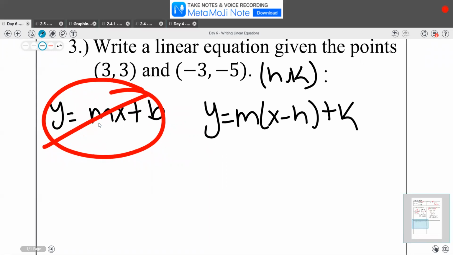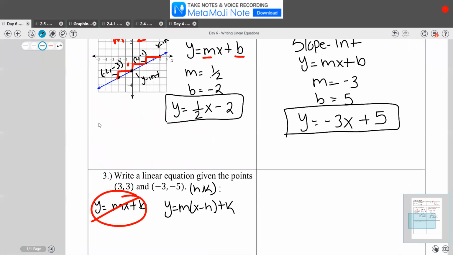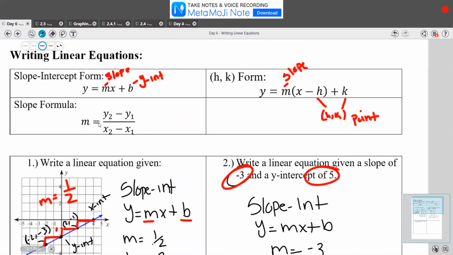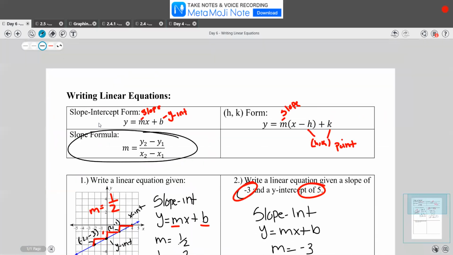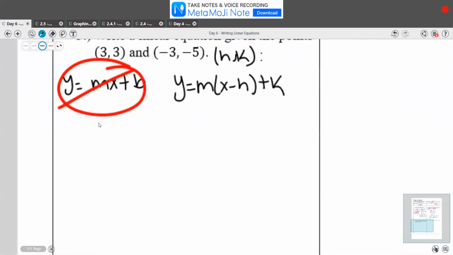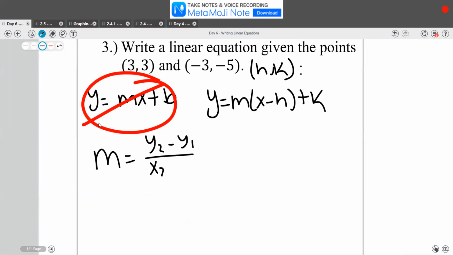All right, well, the first thing that I gotta find is my slope. Well, remember, going back to our notes, that we can find the slope by using the slope formula. So that's gonna be m equals y2 minus y1 over x2 minus x1, okay?